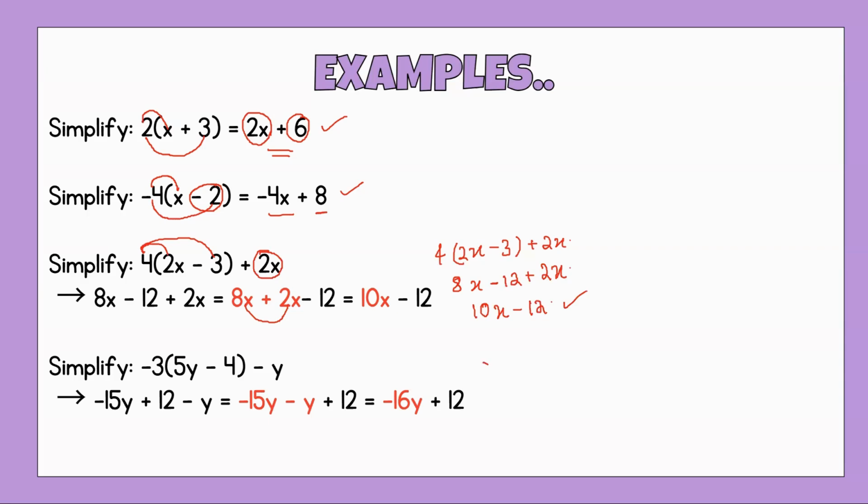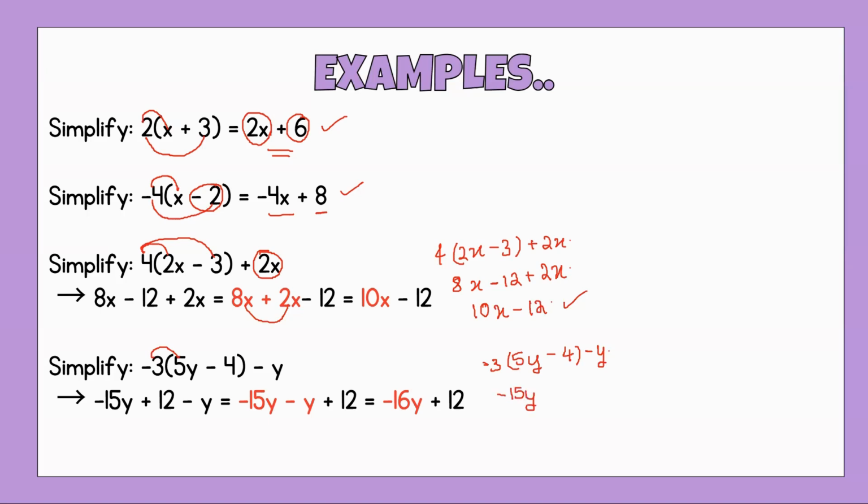Minus 3 brackets 5y minus 4, minus y. Now what is minus 3 into 5? Minus 15y. So we write minus 15y here.